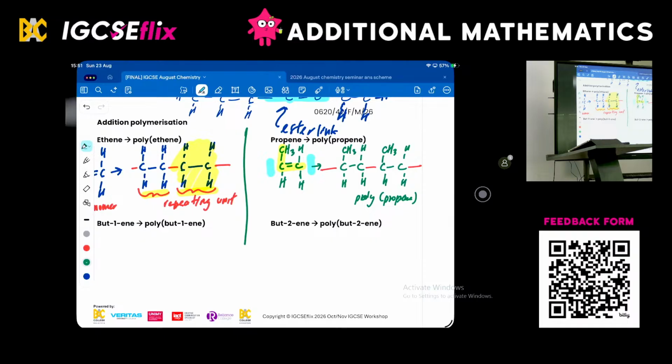Here, we need to have bonds at the end. You cannot just stop like that. It has to continue. The bonds have to continue. Guys, pay attention. This one must continue. It goes on and on and on.